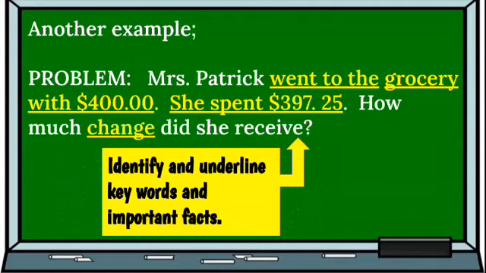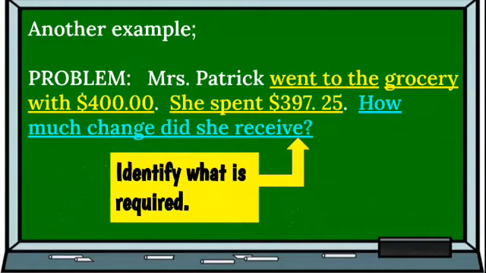Identify and underline keywords and important facts. Then we identify what is required. So our information that is required, how much change did she receive, highlighted.